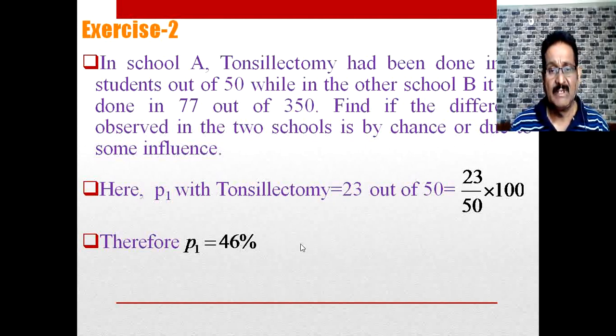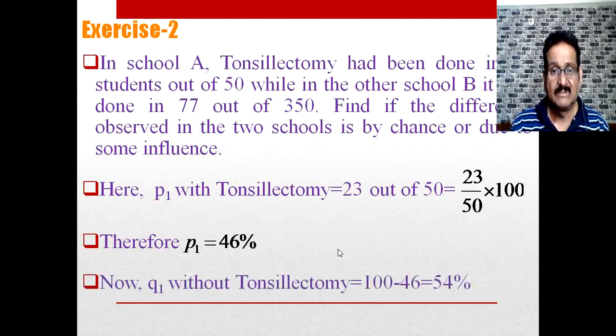Using P1, you subtract it from 100 to get Q1, the negative character. Or using the total population 50, you subtract 23, that gives the negative character, 27 out of 50, that will give Q1. Or directly we can subtract 46 from 100. So there are two methods, and we can use either. So 54% is Q1.